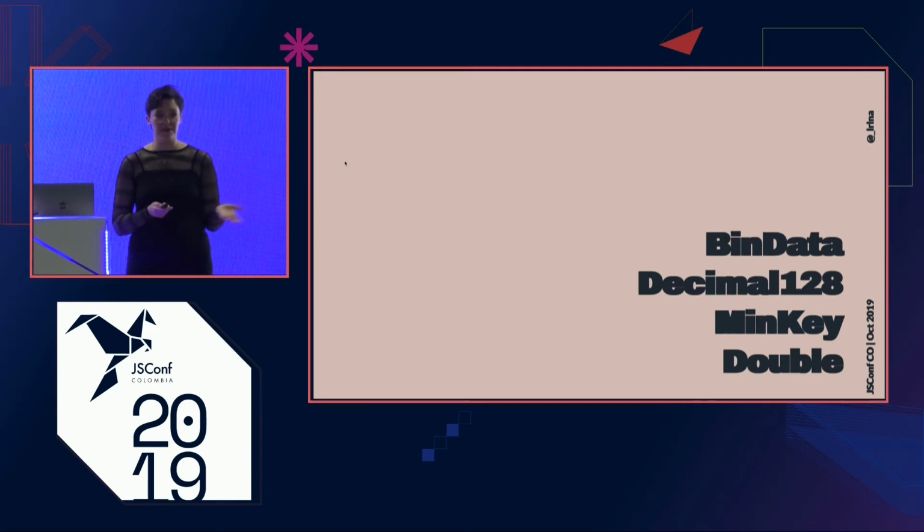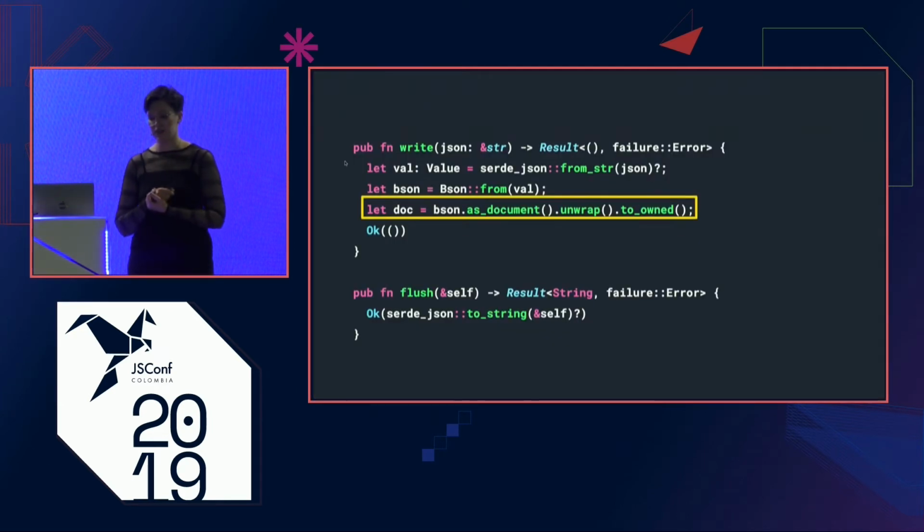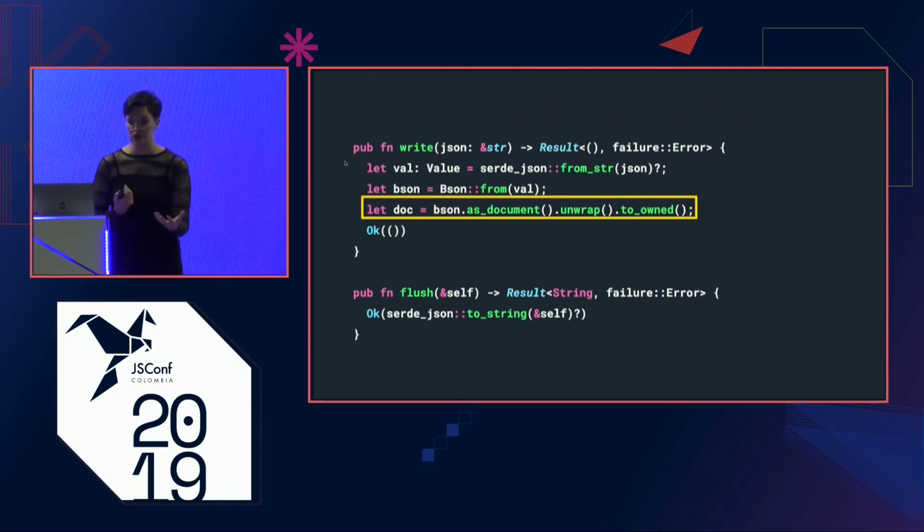What ended up happening is that I'd have to use a different crate that somebody else wrote. It's the BSON crate, and crates are like packages in JavaScript land. So the BSON one was actually a lifesaver. What I was then able to do is still accept a string, but then convert all these documents into BSON and parse that information properly, more or less, to do what I wanted to do.